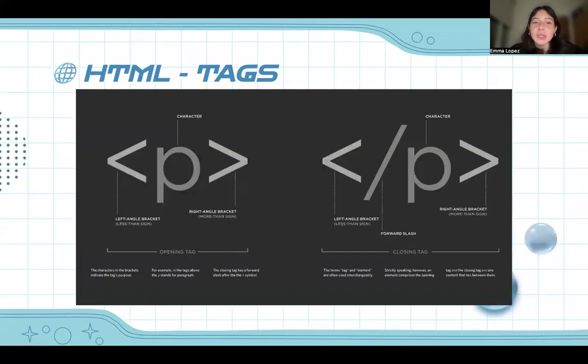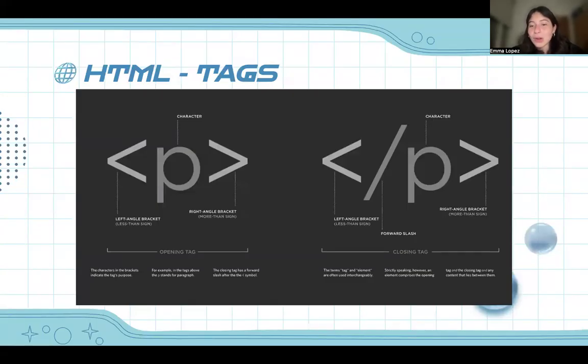However, here's a breakdown of what tags are. Our tags start with our left angle bracket, like I said before, a character, and a right angle bracket. This would be considered our opening tag. And then over here, we have our closing tag. That's our less-than sign, a forward slash, our character, and then a right angle bracket.